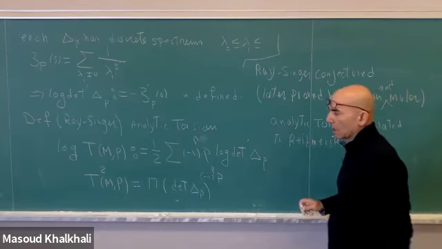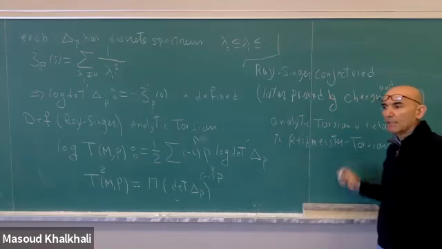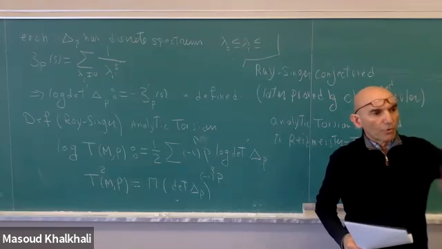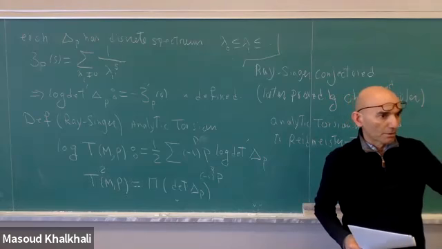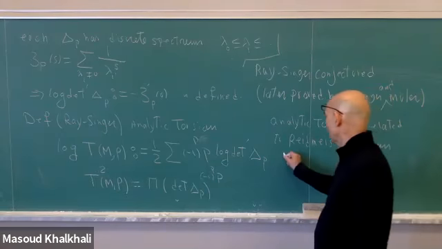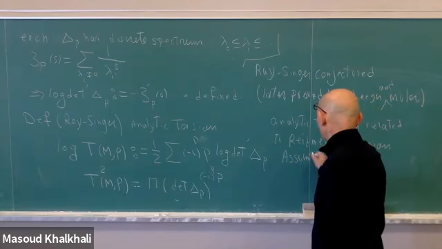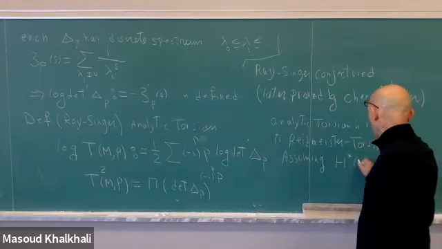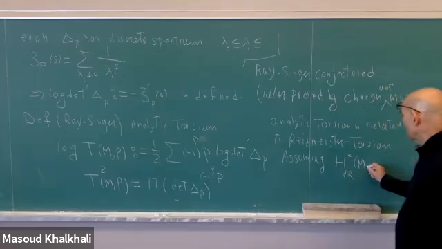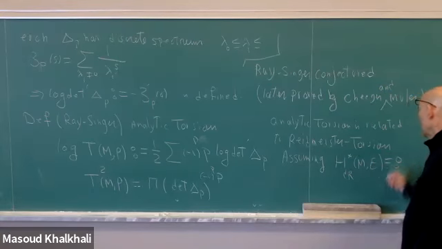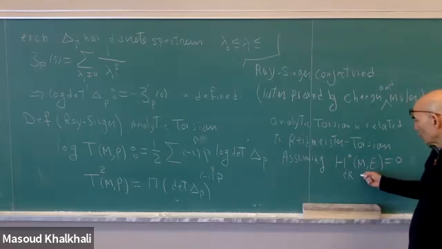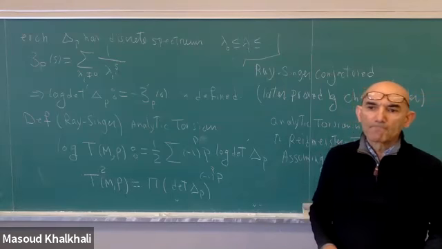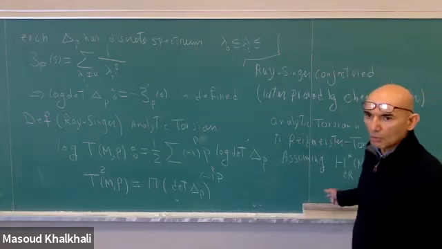But there is a condition. This Reidemeister torsion was defined under the condition that this de Rham complex with coefficients in E is acyclic, assuming that the de Rham cohomology of N with coefficients in E is actually 0 in all dimensions. So you need to assume that your representation gives you a trivial cohomology.